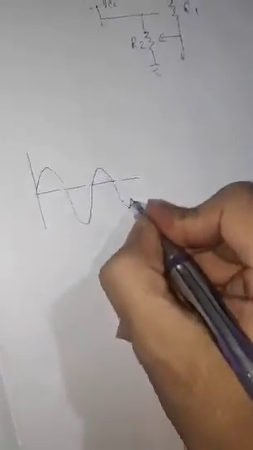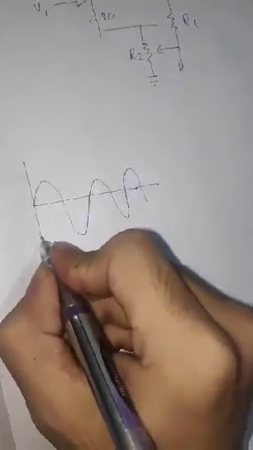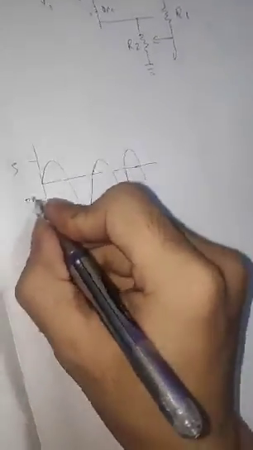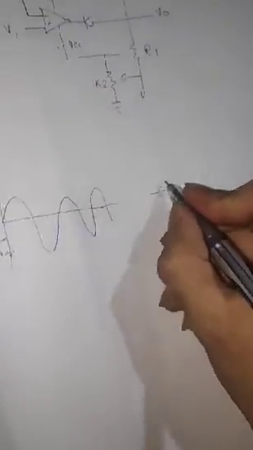Similarly, we will do it for a negative clipper also. In negative clipper, it will clip only the negative part of the waveform. If we have this waveform, and here is 5 and minus 5, and it is told to cut at 3 volt, then the output will come like this.